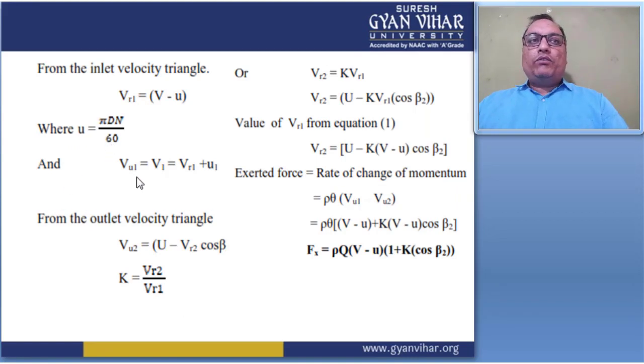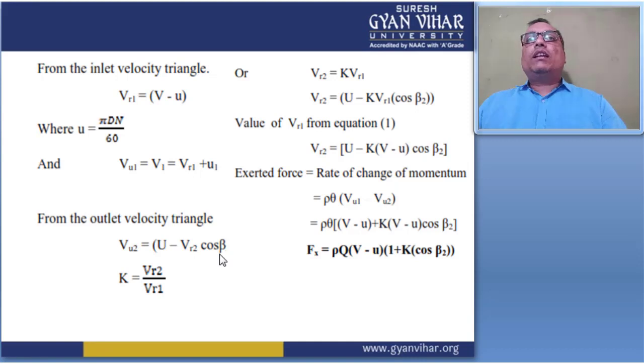From the outlet velocity triangle, VU2 equals U minus VR2 cos beta2, where beta is the angle of the nozzle jet. K equals VR2 divided by VR1, or VR2 equals K VR1.